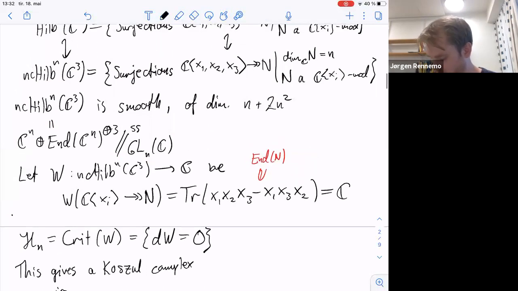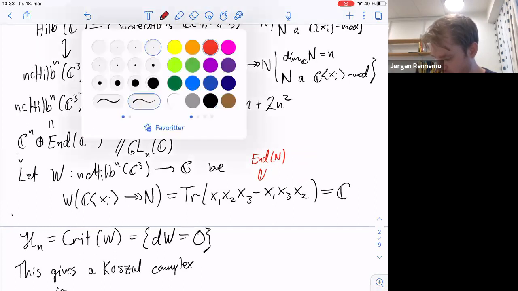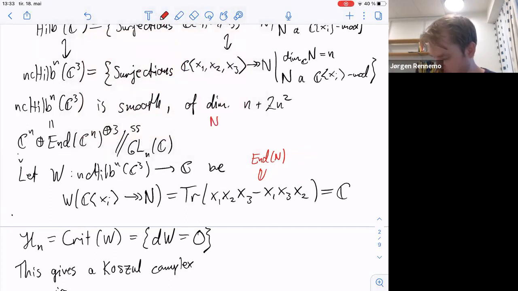The idea is you start with n, which we know is n-dimensional, so we think of this as just Cn, a vector space.